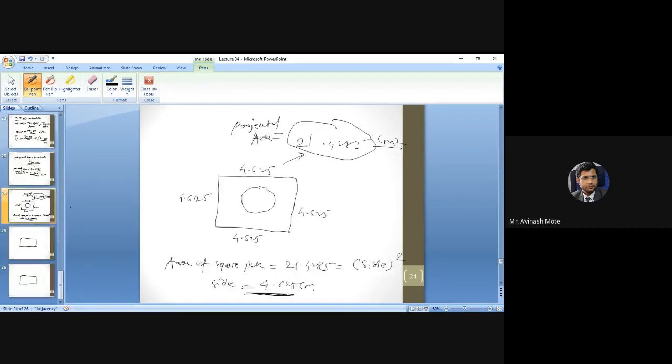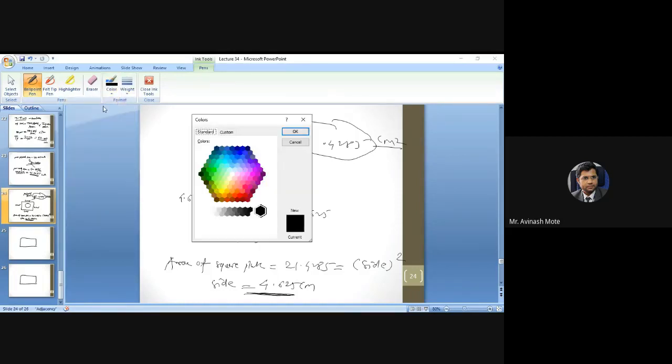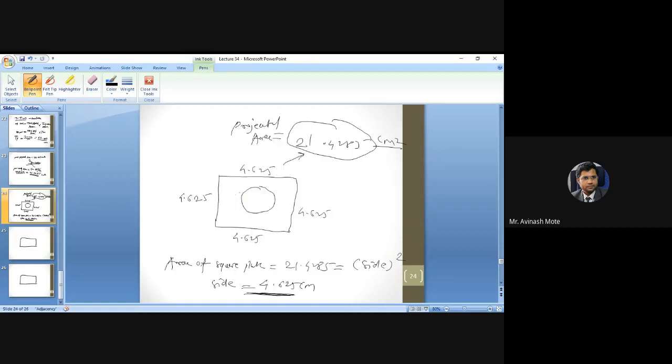I will show it properly. This is the diameter, 3.4 centimeter, which we already know.